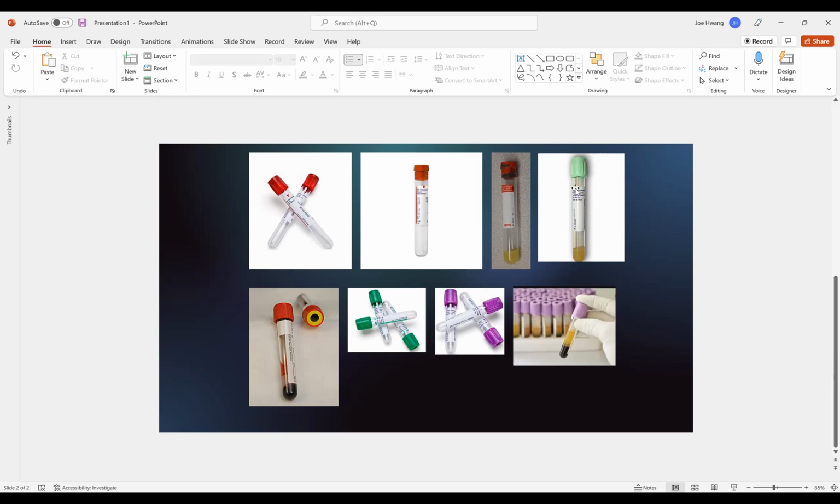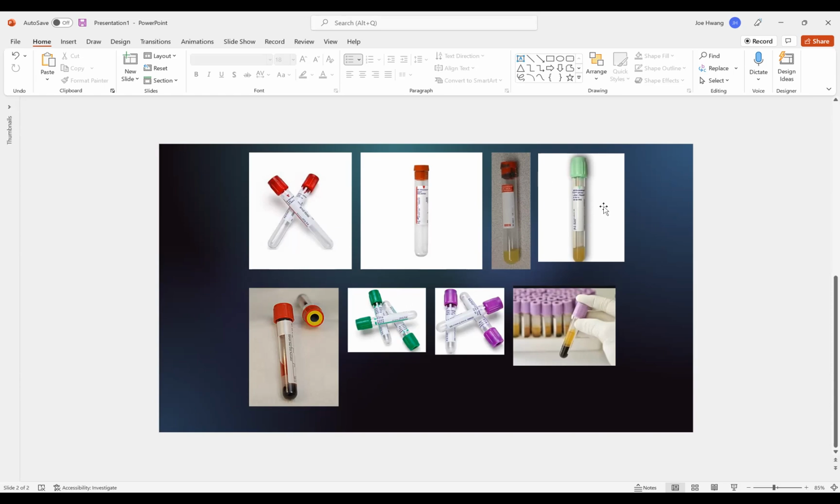Okay. This tube on the top right has lithium heparin, which is the same as this darker green color down here. Lithium heparin is an anticoagulant. So if you spin down this dark green on the bottom row, is it serum or plasma? Plasma.